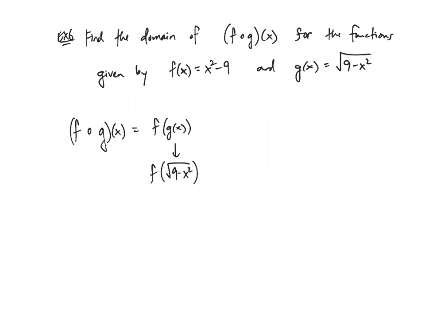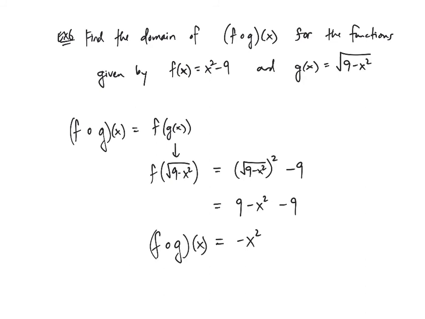If you put radical 9 minus x squared into the f function, you will get radical 9 minus x squared, squared, minus 9. The square root and square cancel each other out, so you get 9 minus x squared minus 9. So you end up with negative x squared. That is f of g.